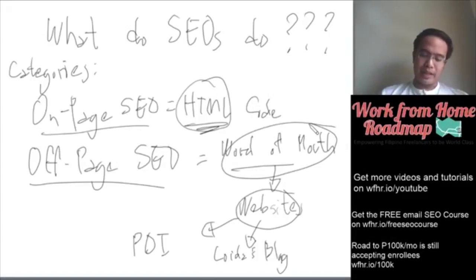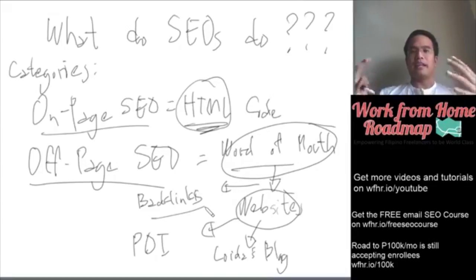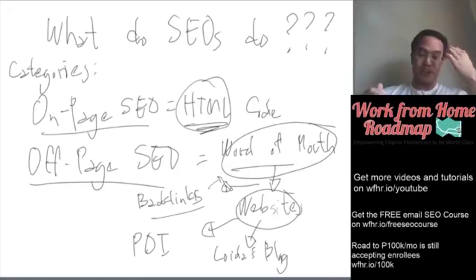And the technical term here is backlinking. This is the word of mouth. Links going back to Jason's Pizza website, that's the word of mouth that the search engines count.